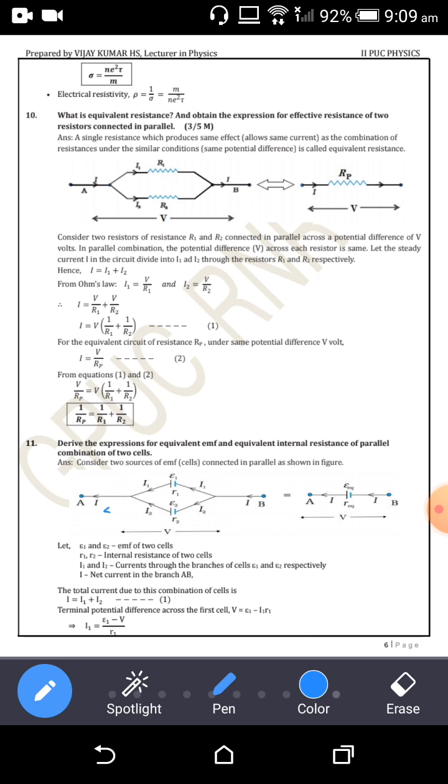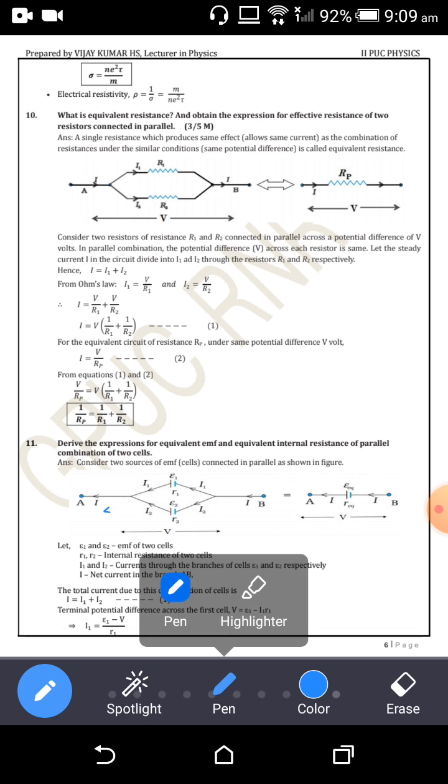Next is the parallel combination of cells. In the figure you can see we have taken two cells. E1 is the EMF of the first cell and E2 is the EMF of the second cell. R1 is the internal resistance of the first cell and R2 is the internal resistance of the second cell. The current is entering from terminal A to terminal B. As it enters this point in the figure, the current gets split up.